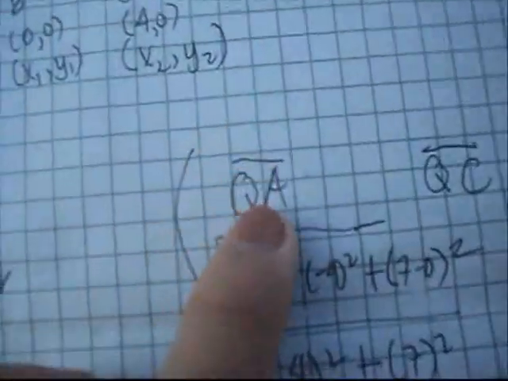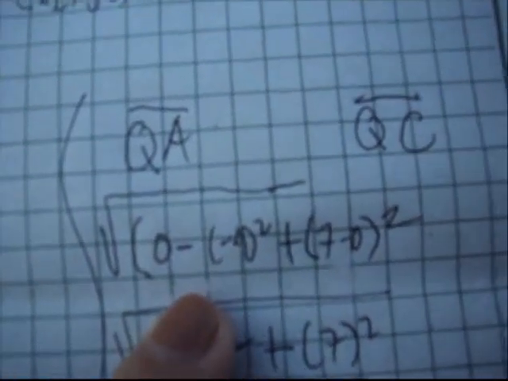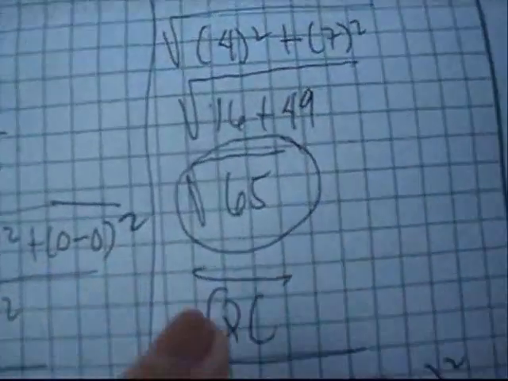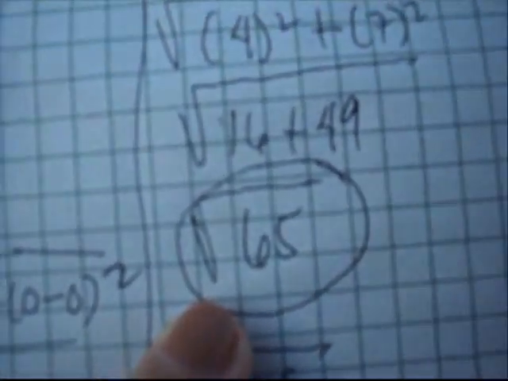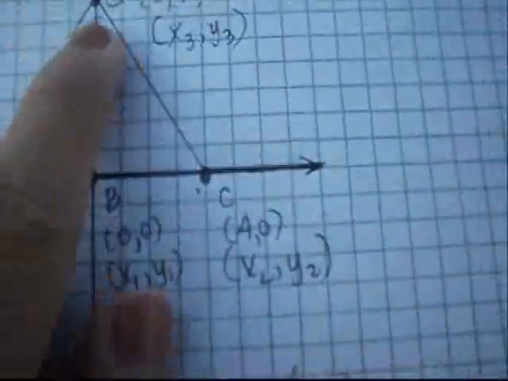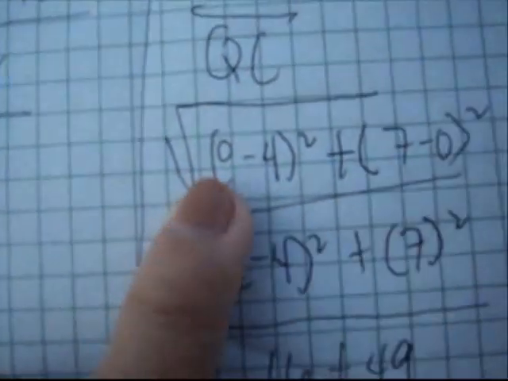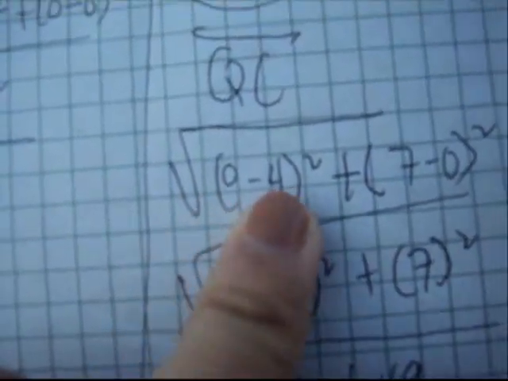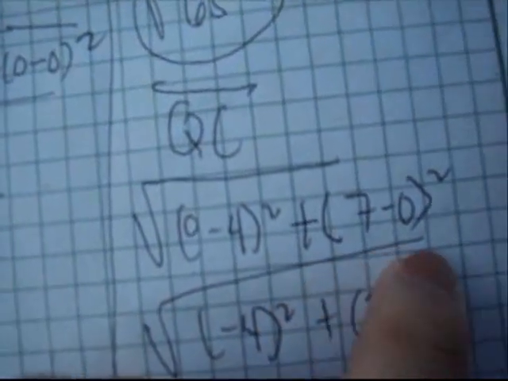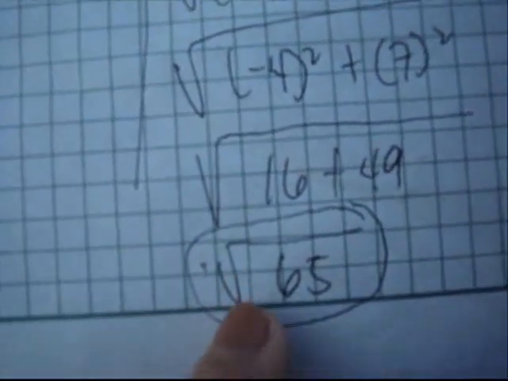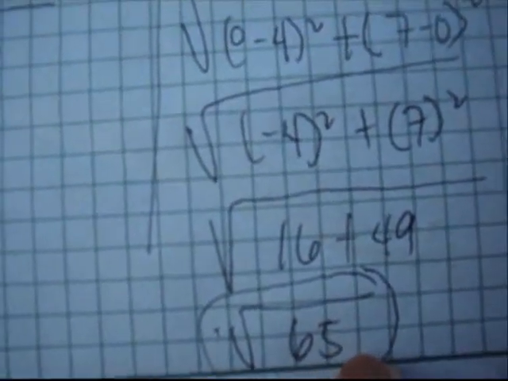Now let's prove that QA is equal to QC by still using the distance formula. For our QA, we have the square root of 0 minus negative 4 squared plus 7 minus 0 squared. And that would come up with the value of square root of 65. Next, for QC, we have the square root of 0 minus 4 squared plus 7 minus 0 squared, and we arrive at a value of square root of 65.